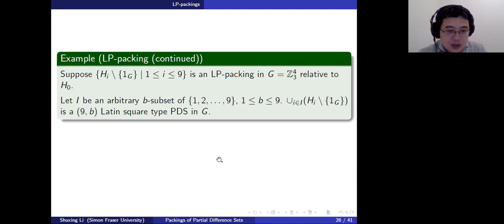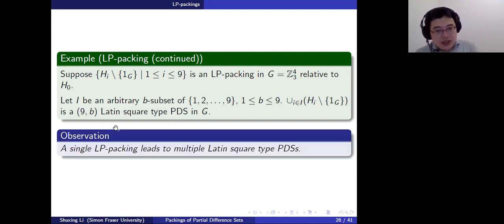And if we have an LP packing ready, then we can take an arbitrary union of its members to get a Latin square type PDS. So in one sentence, given an LP packing, we can construct multiple Latin square PDS. So to construct Latin square PDS, it suffices to construct LP packings.